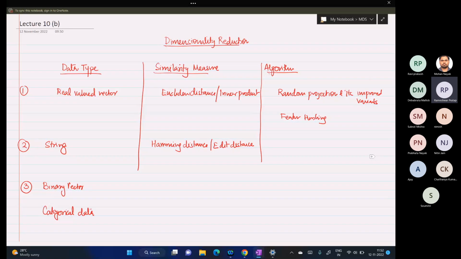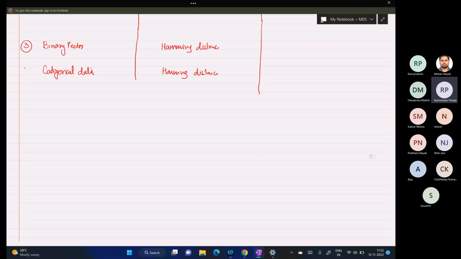And in this case, similarity measures could be, say, again, Hamming distance. Any other data type you can think of that you used in your projects or applications?